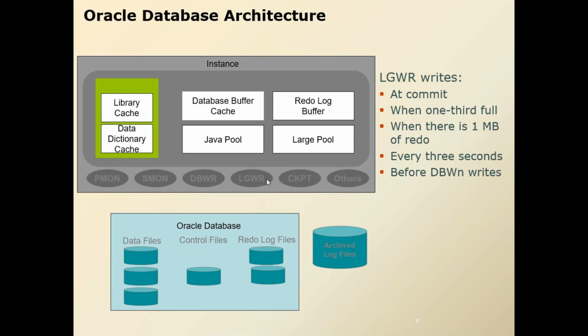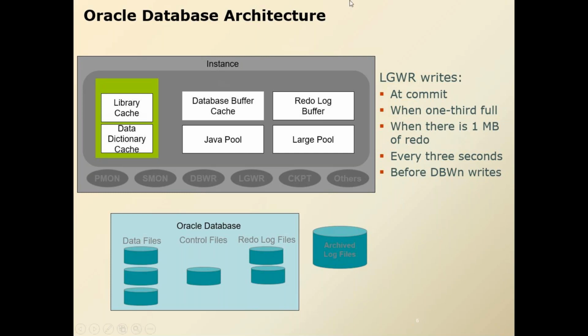So the log writer process writes the data from redo log buffer to redo log file under four circumstances. Whenever there is a commit, the data from redo log buffer will be flushed to redo log files. Or when the redo log buffer is 1/3 full. So suppose you have defined the size of redo log buffer as 100 MB.